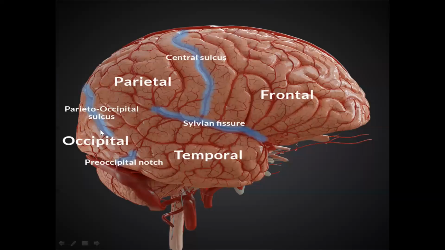The occipital lobe is located posterior to the parieto-occipital sulcus. And lastly, the temporal lobe is located below the Sylvian fissure, or below the lateral sulcus. So these are important anatomical landmarks to differentiate between the lobes by imaging.